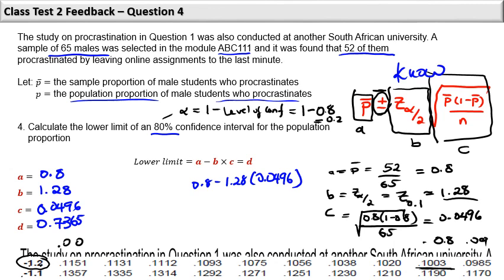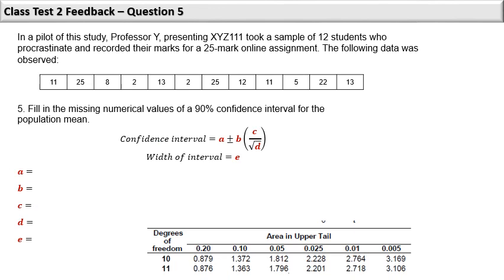Now we have another story for question 5. For question 5, they tell us that in a pilot study, Professor Y of the module XYZ111 took a sample of 12 students who procrastinate and recorded their mark for a 25 mark online assignment.